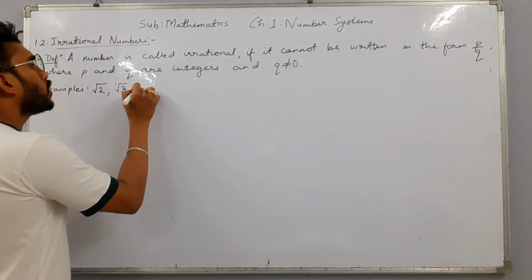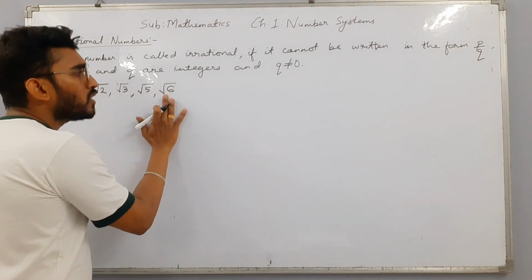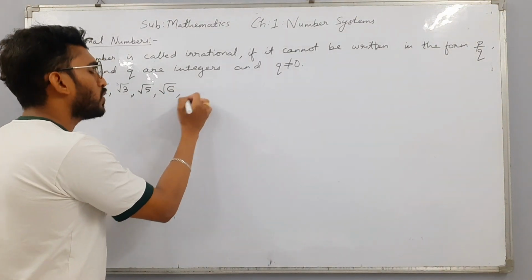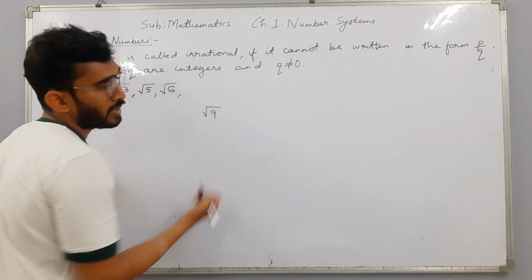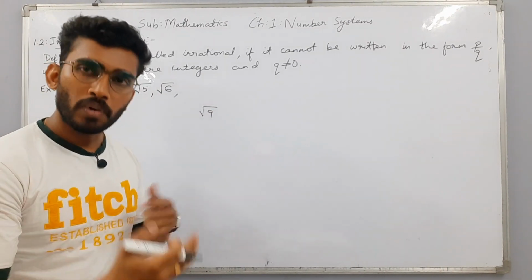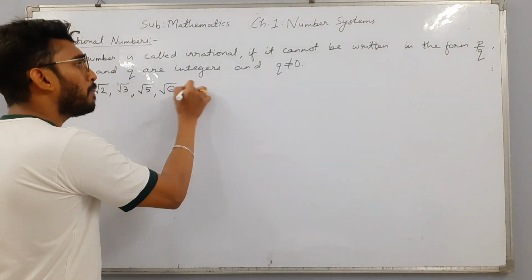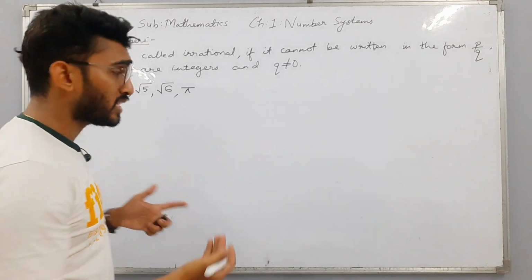So root 5 and root 6 are irrational numbers, because 6 is not a perfect square. But root 9 is not an irrational number, because root 9 is equal to plus or minus 3. Clear? Another example is pi. Pi is also an irrational number.